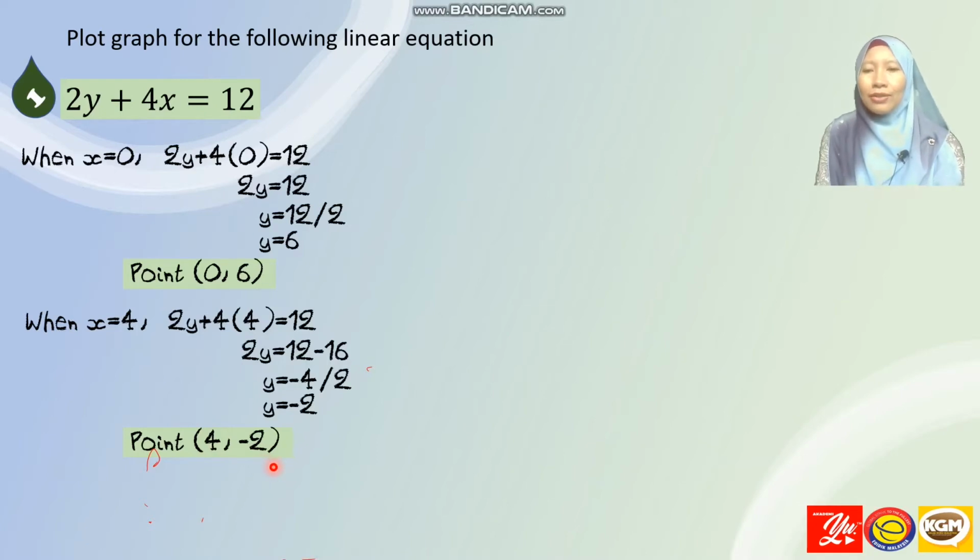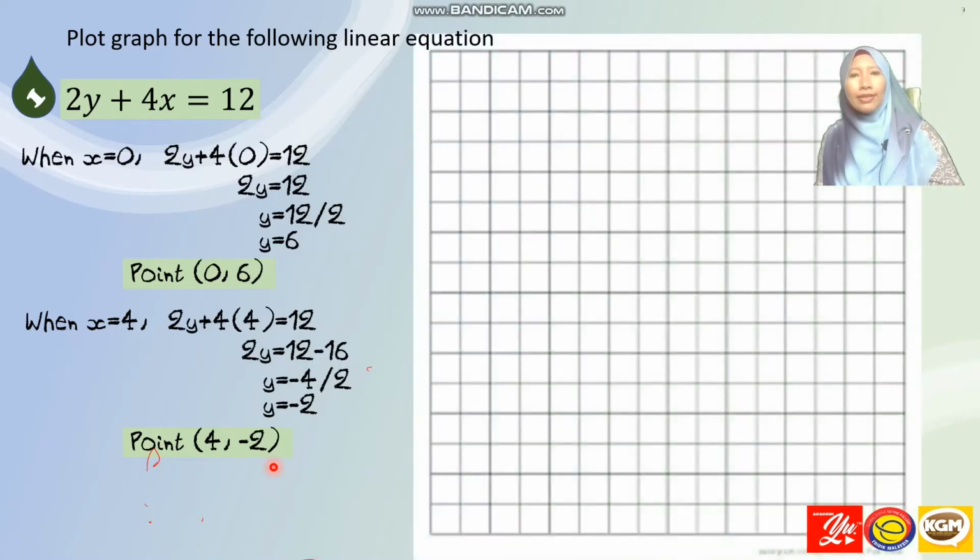Okay, so after we get the 2 coordinates, these 2 coordinates are sufficient to plot the graph. Let's say we have the grid lines here. First we draw the x-axis and then the y-axis, and 0 is at the intersection. So we just make that grid.